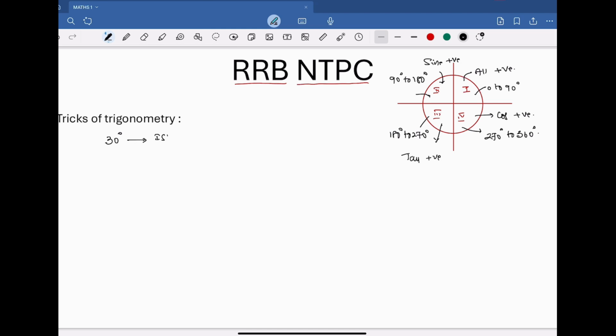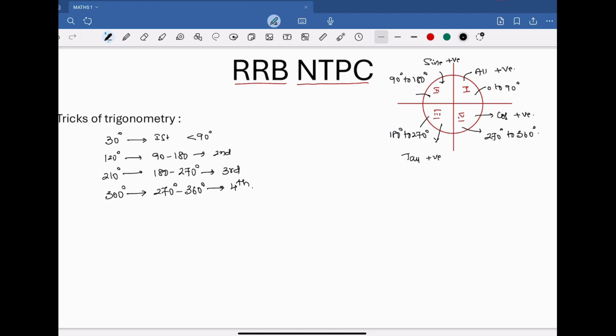It will be in the first quadrant because it is less than 90 degrees. 120 degrees, because it is between 90 and 180, it is in the second quadrant. 210 degrees, it will be between 180 and 270, it will be in the third quadrant. 300 degrees, it will be between 270 degrees and 360 degrees, it will be in the fourth quadrant.